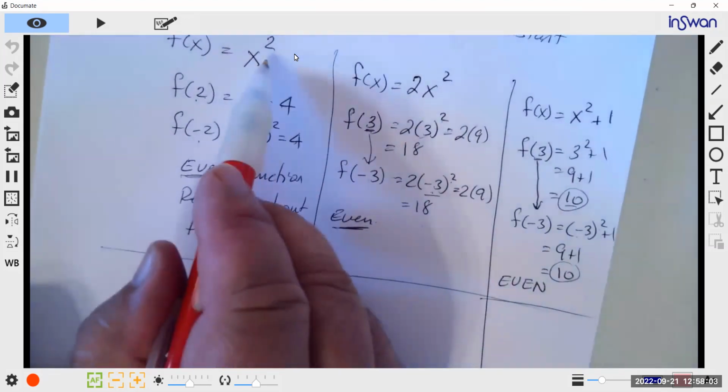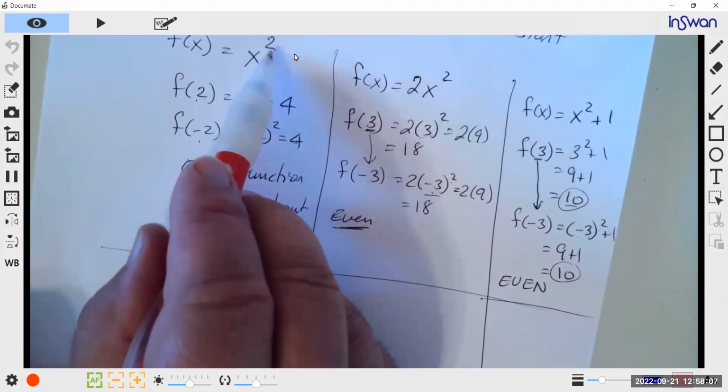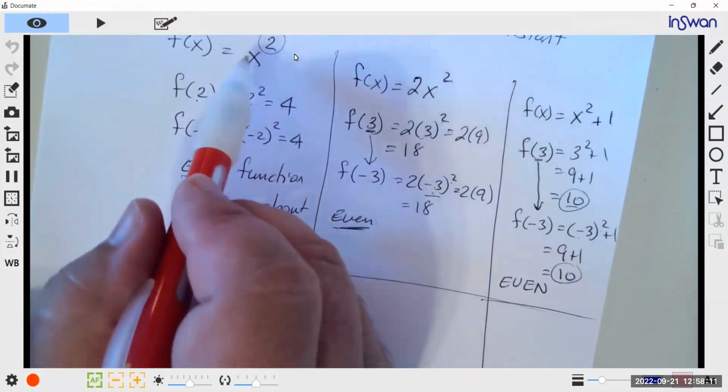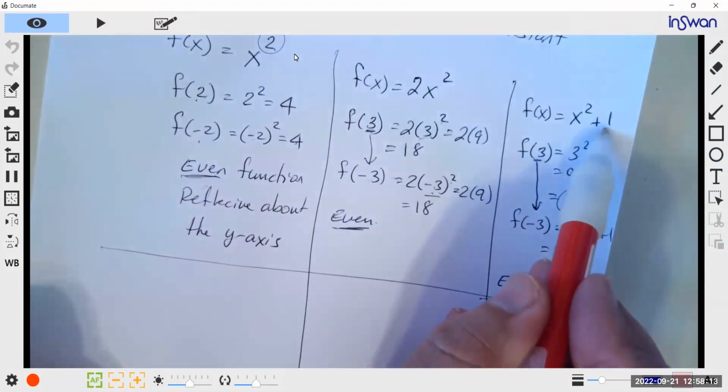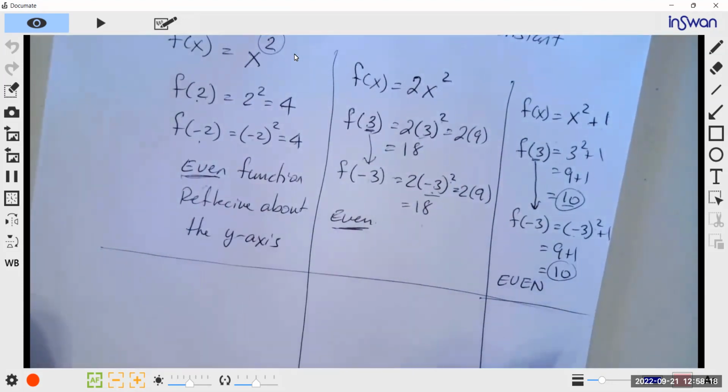So if the only exponents you have in your equation are even exponents, 2, 4, 6, 8, 10, 12, it doesn't matter if you have a coefficient or a constant added, subtracted to it, it'll always be an even.